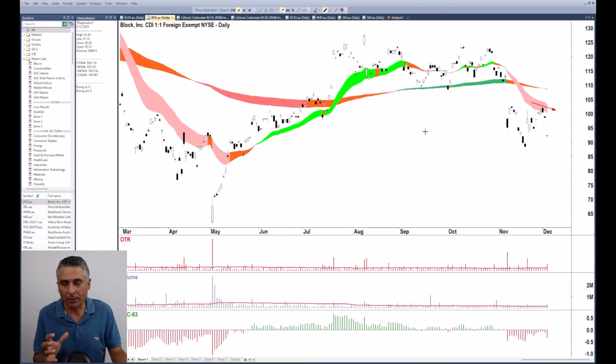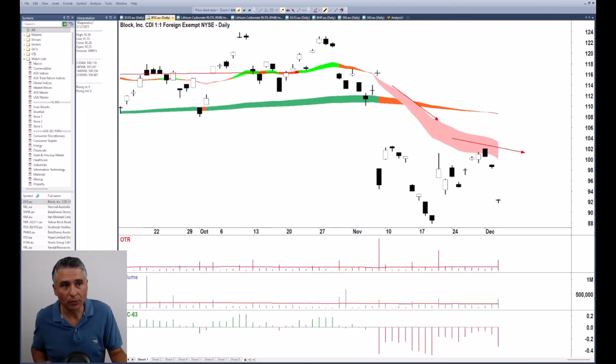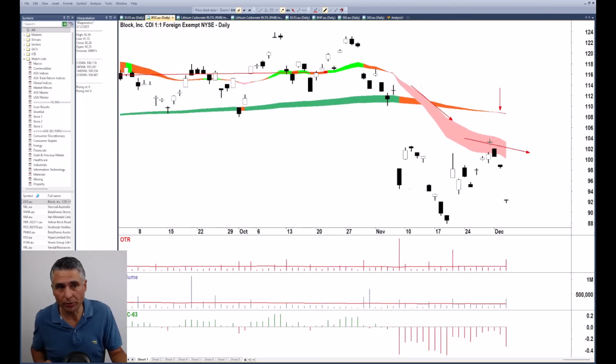What I love about the ribbons, and it's one thing to have the durations, of course, but it's more about the colour change, and that's not just in the durations, and certainly it's not just up or down, because there's an important phase in between of equilibrium where the market is undecided, and we can see here that the market does move through phases of demand side control, equilibrium, into supply side control, and we are supply side controlled on the short term trend ribbon, and indeed I feel now we are also moving into supply side control on the long term trend ribbon as well.